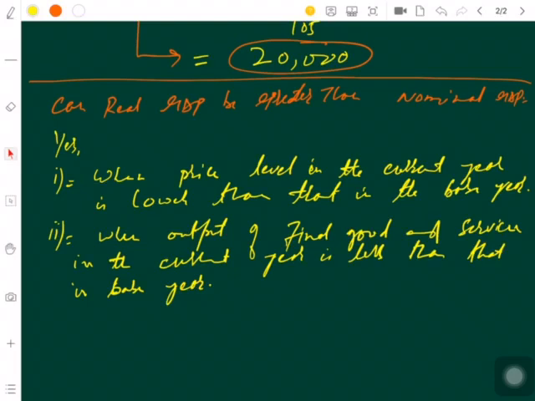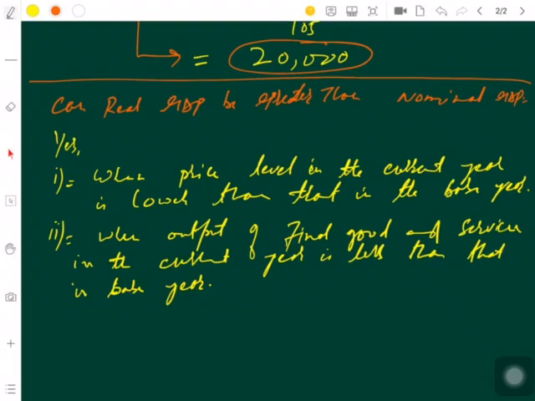If sometimes it comes to your mind how this real GDP is calculated, let me give you a very small and precise formula.